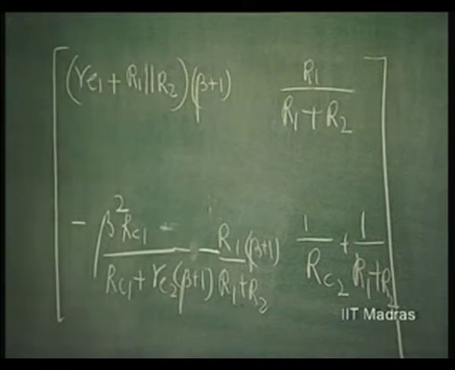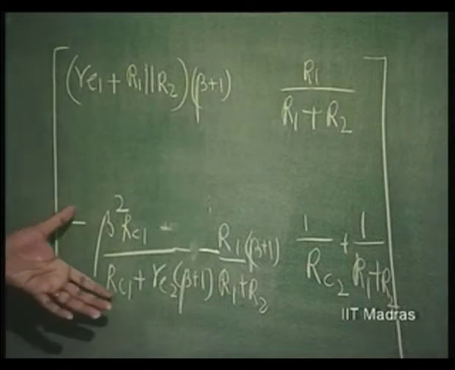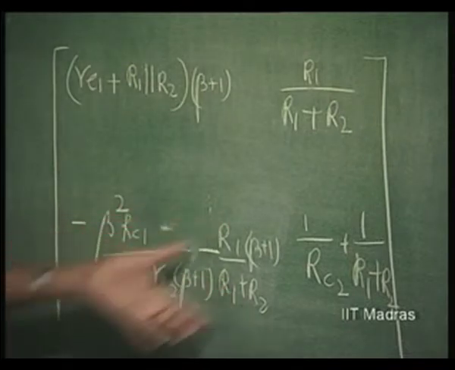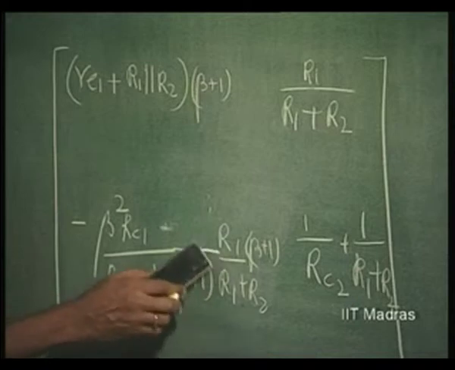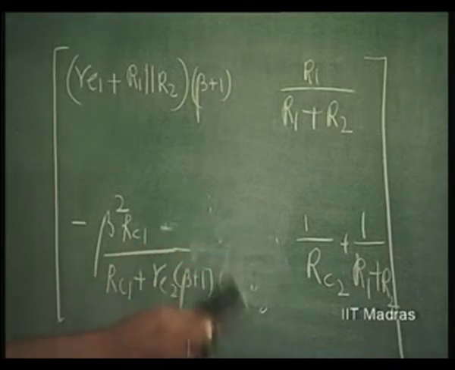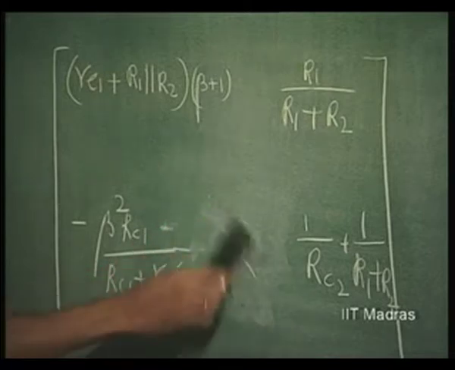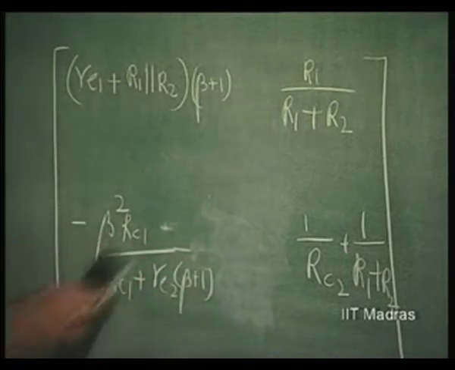So, the loop gain. Since this is beta squared here, this factor we are going to ignore, let us say this is neglected, very small, because this is beta squared.